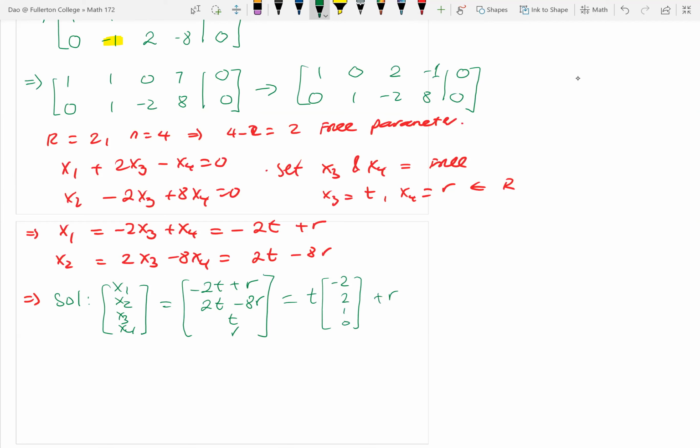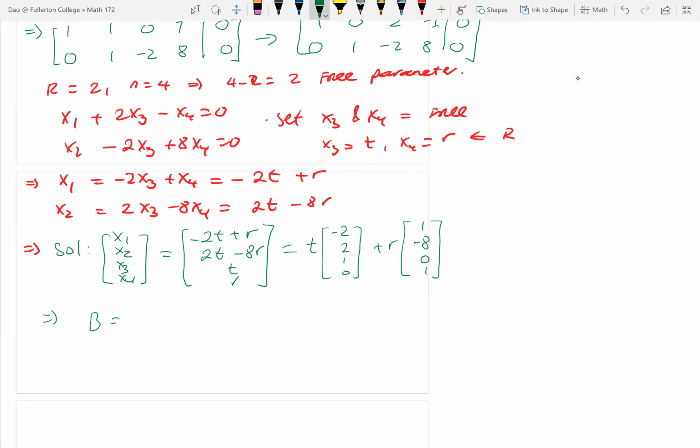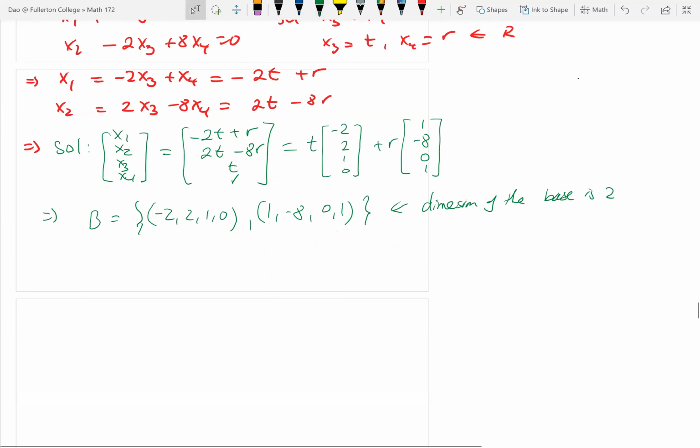Take out the r, you get 1, -8, 0, and 1. All right, so therefore our basis now becomes -2, 2, 1, and 0, and 1, -8, 0, and 1. Okay, so now the dimension of the basis is 2. So my W1 in this case will be -2, 2, 1, and 0.